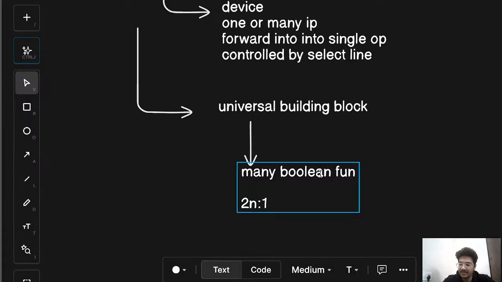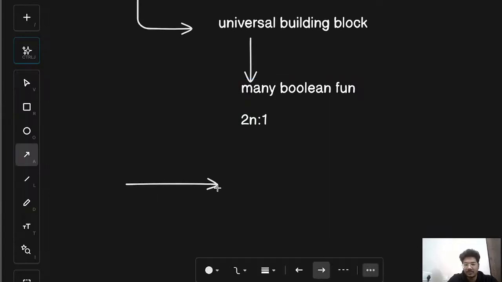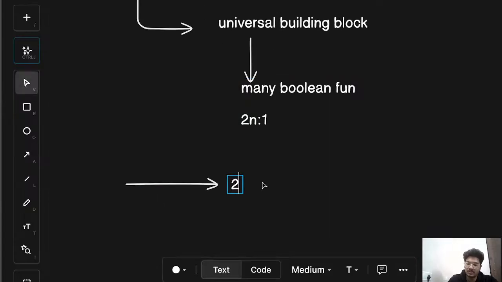We have to see in the next lecture how many 2 to 1 muxes are used to make a 64 to 1 mux.